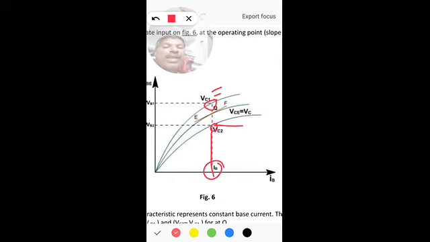While doing the input characteristics, the output voltage is kept constant; these are the curves plotted for constant output voltage. So this is the curve for output voltage VC2, and this is for output voltage VC1. Corresponding to these points, we have two input voltages and two output voltages. VB1, VB2 are the input voltages, and VC1, VC2 are the output voltages.